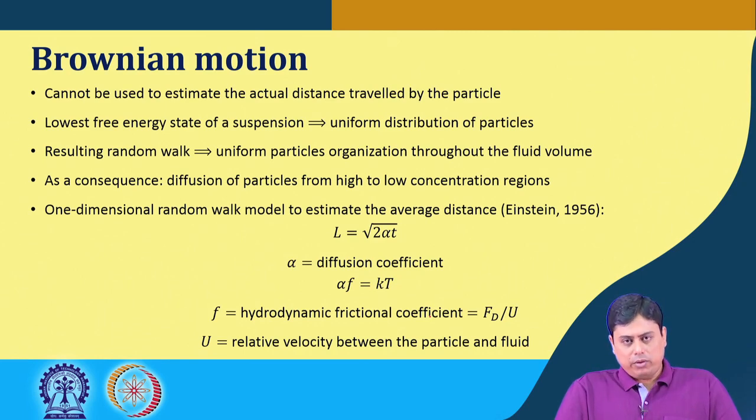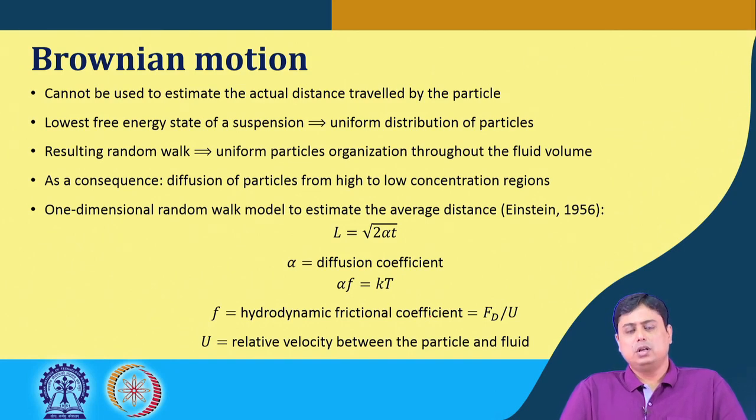So, Brownian motion is basically a mechanism by which this random walk generates a uniform profile inside the suspension, so that the particles can organize themselves throughout the fluid volume in order to be in the lowest free energy state. As a consequence, diffusion of particles happens from high to low concentration regions.